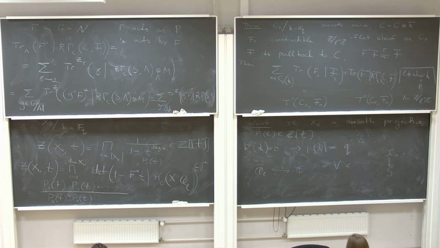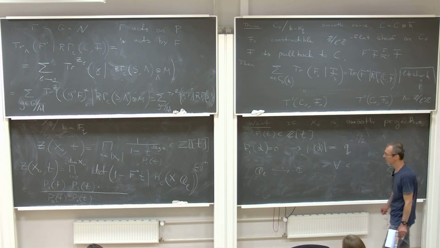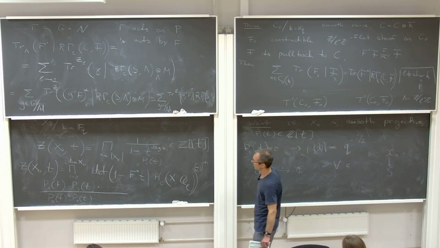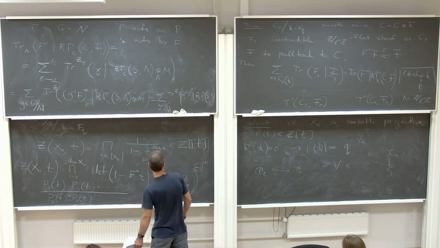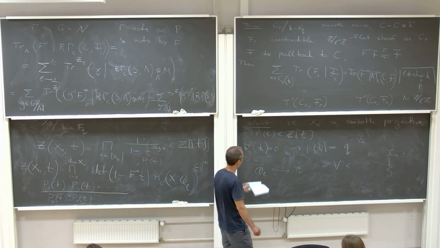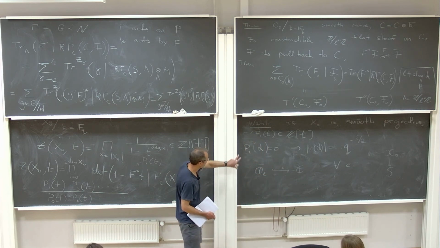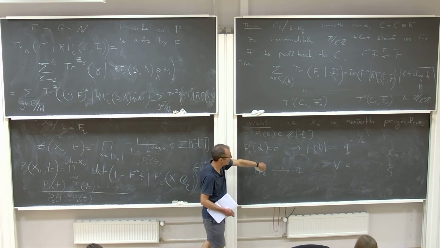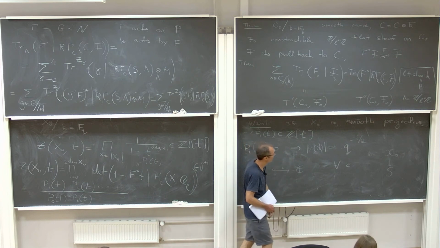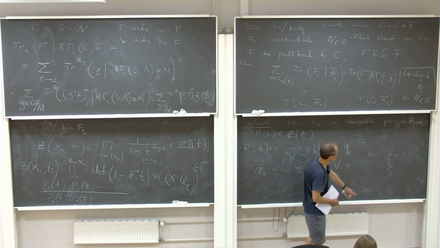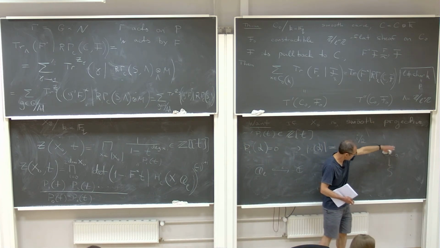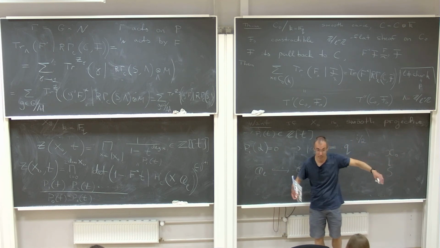I will illustrate this first in the case of hypersurfaces. In the end, any variety is birational to a hypersurface, so you may expect that it's enough to prove the theorem only for hypersurfaces using some induction on the dimension, and that's true. And hypersurfaces can be deformed. It's easy to deform.